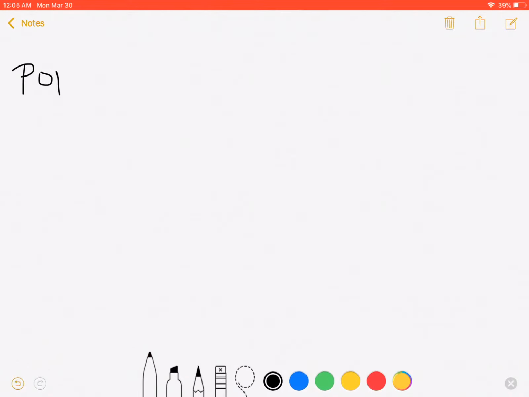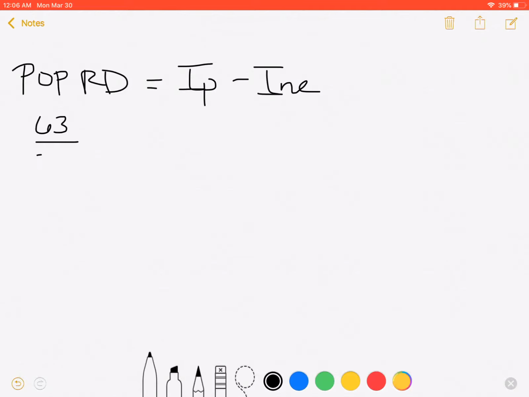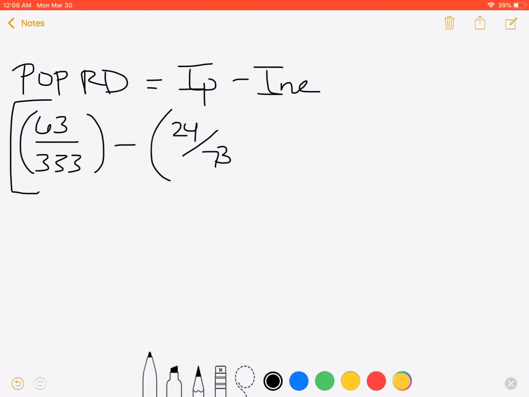So, pop risk difference. And this one, you need the incidence in the population minus the incidence in the not exposed. So, in order to get the incidence of the population, we had 63 over 333. And remember, we're going to do the same exact math in our calculator, so really it's going to look like this in our calculator. Minus 24 over 73 times 100, because that's our multiplier to understand our data.